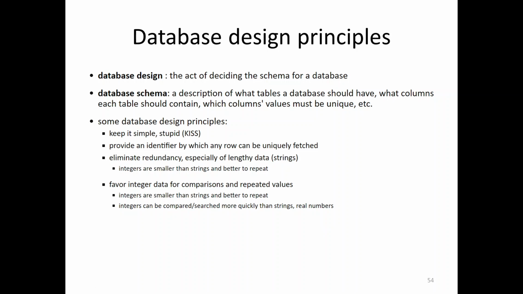Database design principles are very simple in this case. Make sure every table has the columns that it must have, and every record is uniquely identified by some primary key.